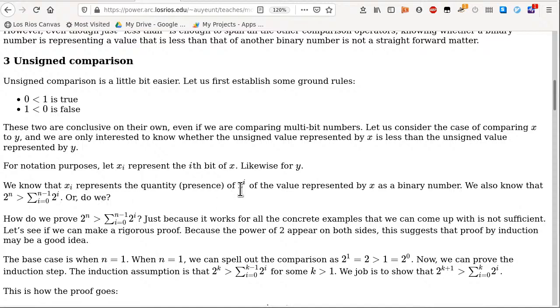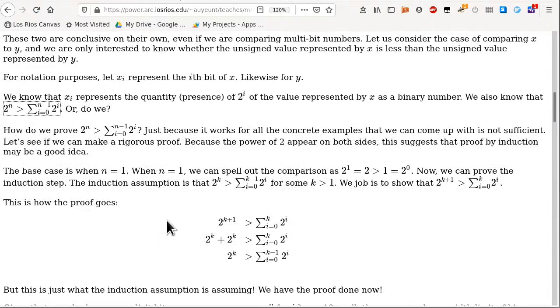I'm skipping over all the way to here, and it might be useful to go through the notation just a little bit. So x_i with the subscript i is indicating the ith bit of x, or bit i of x, and we count from 0, and likewise for y. So with that in mind, we want to look at this little theorem here.